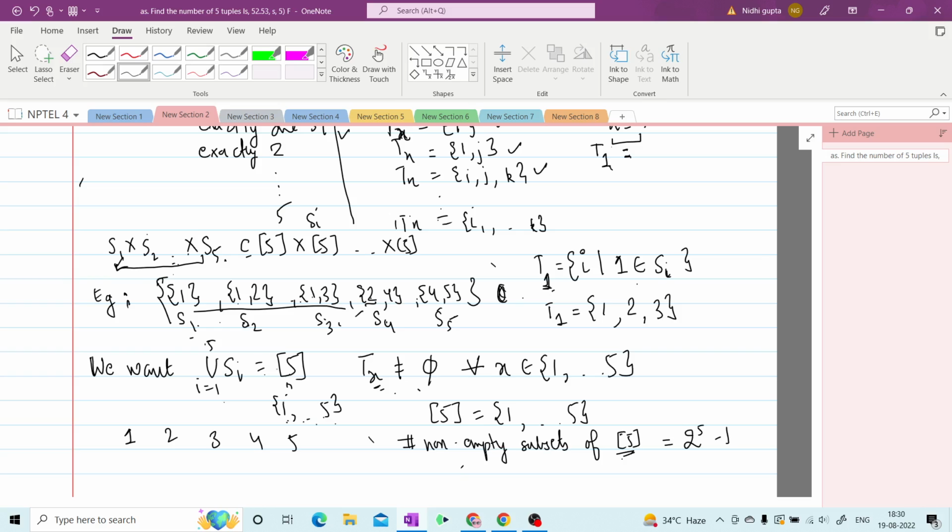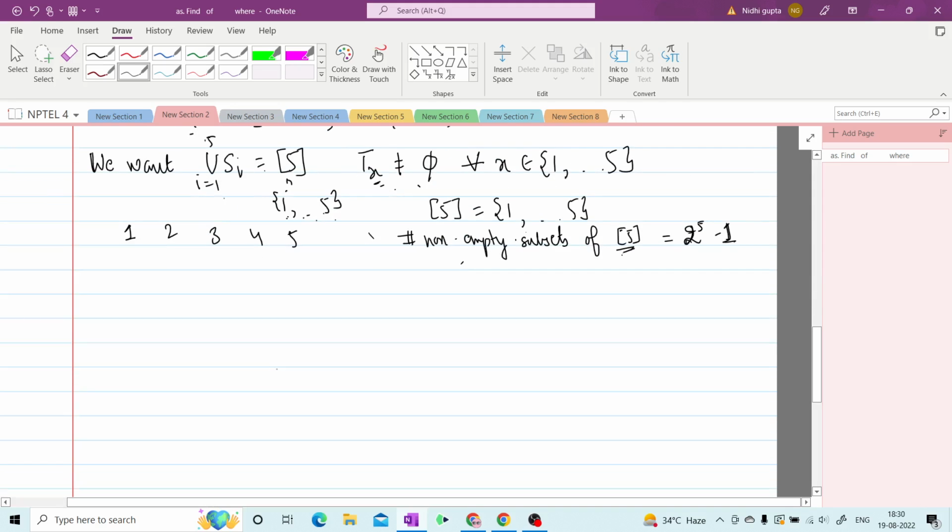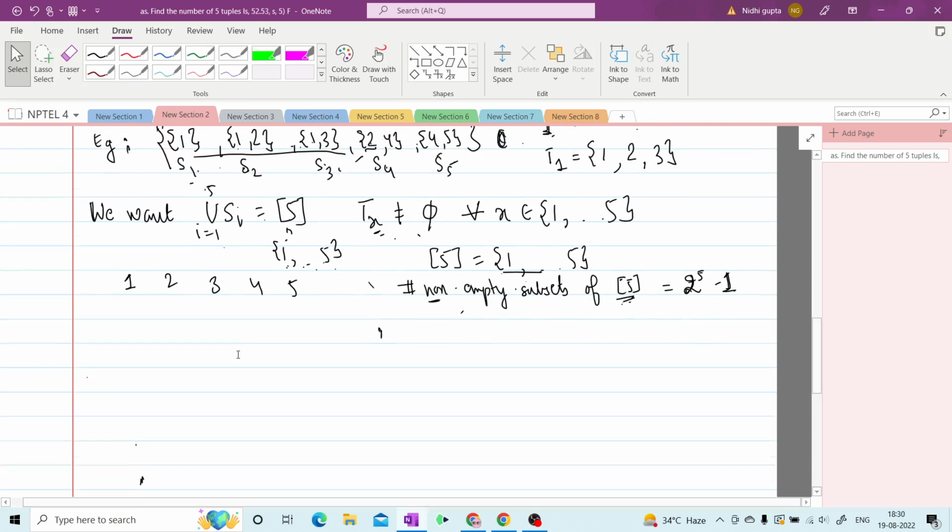The number of all possible subsets is 2 raised to the power 5, and the non-empty ones are that minus 1. This was done in week 1. So this was our first part.